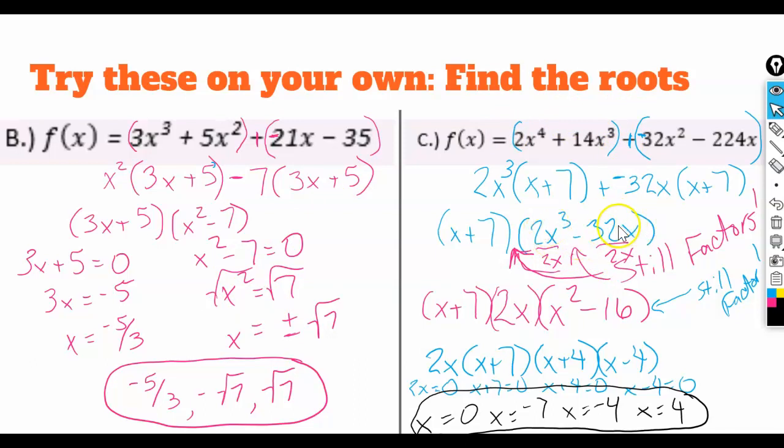It had a greatest common factor, and I pulled out that greatest common factor, and then it left me with a difference of squares. Guys, if anything can still be factored, remember, we're trying to get it in its most factored form. I'm going to keep factoring it until it can't factor anymore. That's going to make solving those little factors a lot easier, the smaller the factor is. And so you want to make sure that you keep factoring.